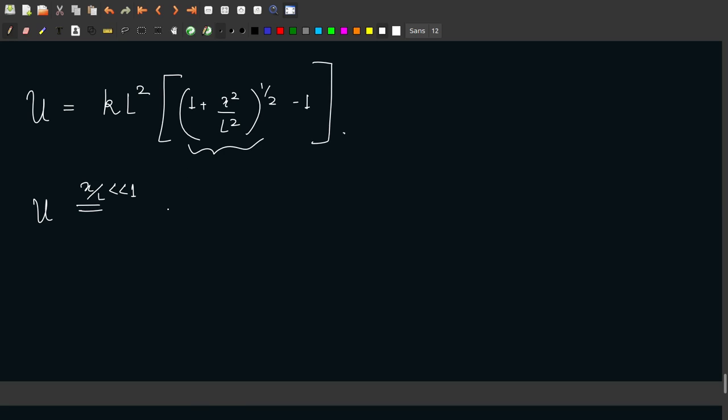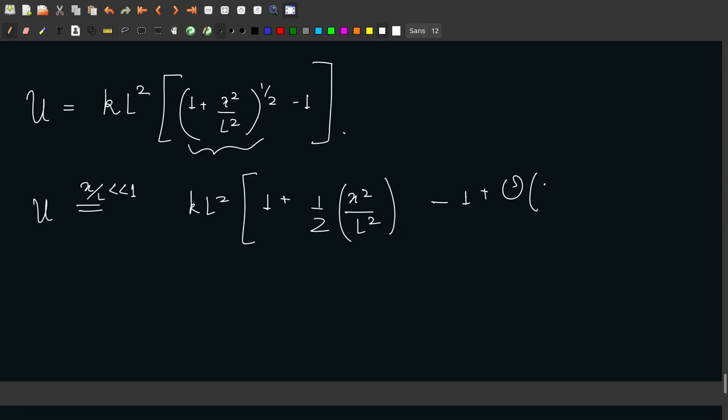If you binomially expand this term, this will be equal to k L square into 1 plus half of x square by L square minus 1 plus higher order terms, which will be x to the power 4 by L to the power 4.